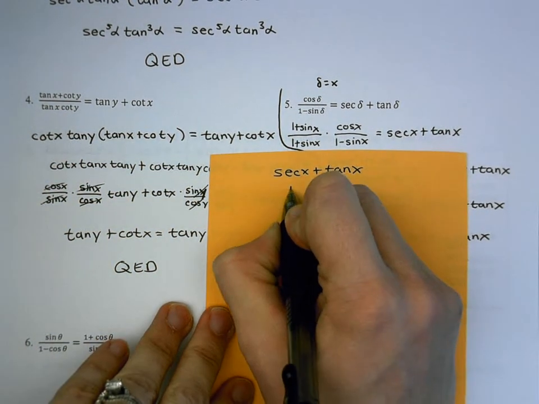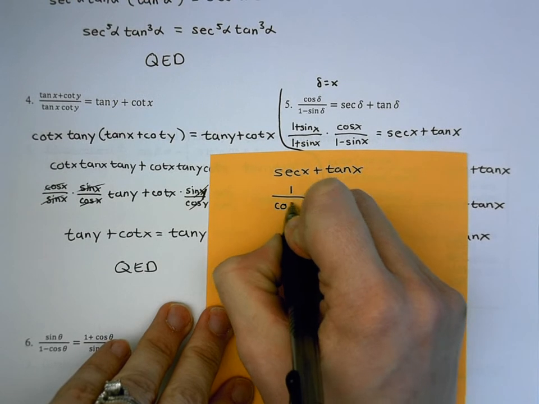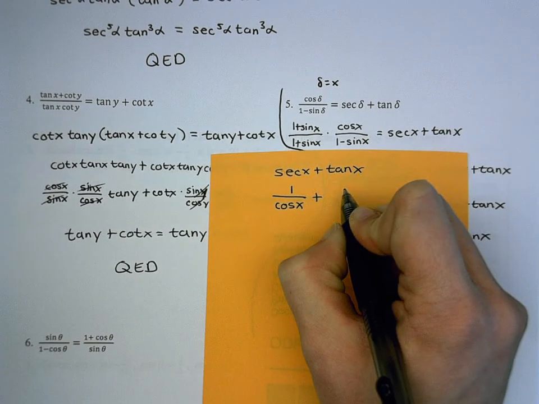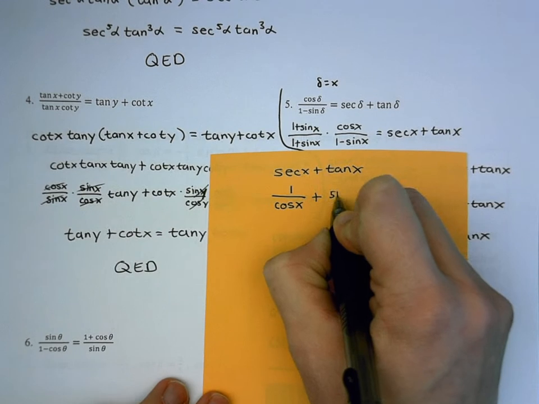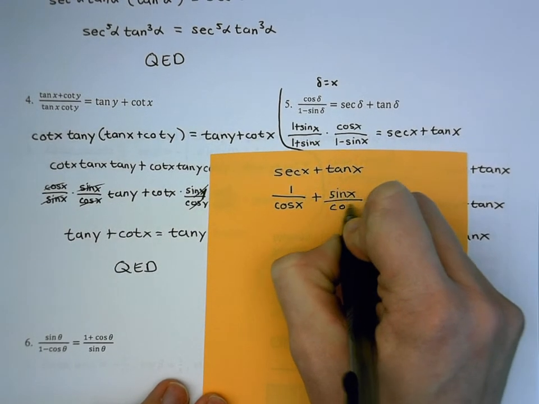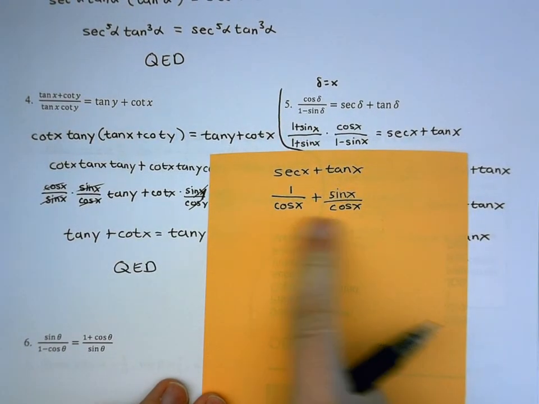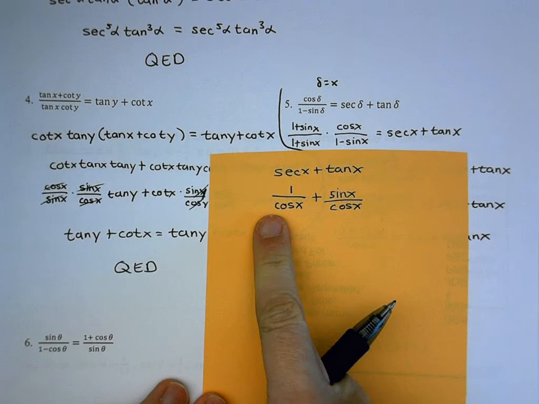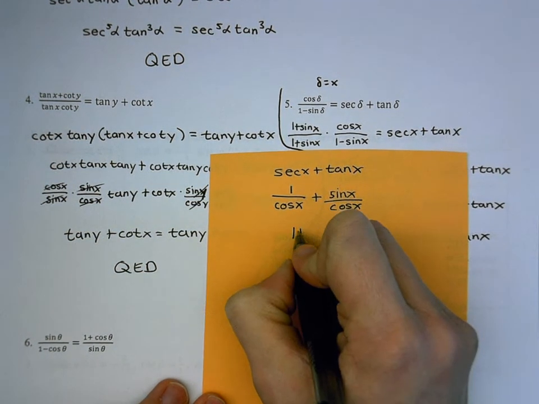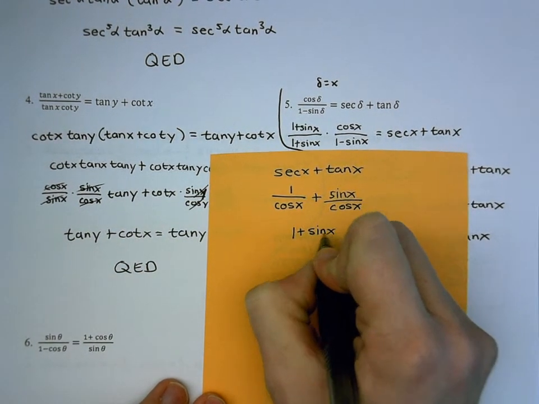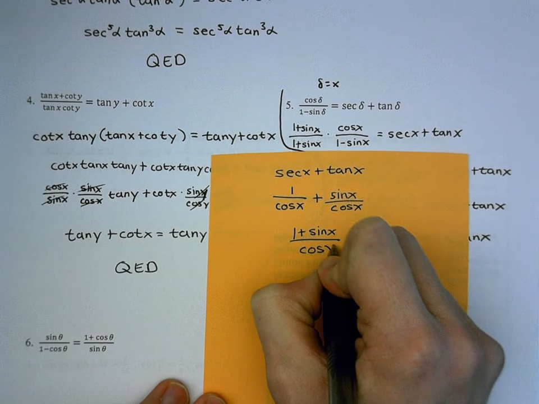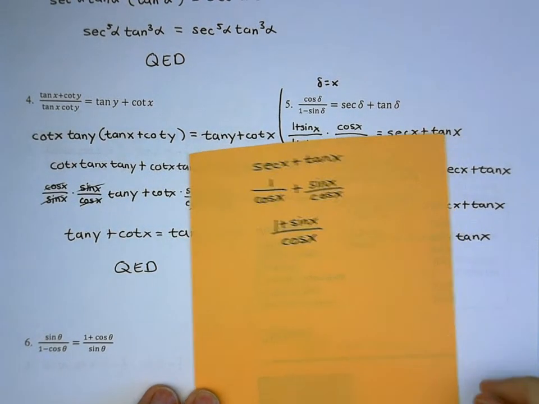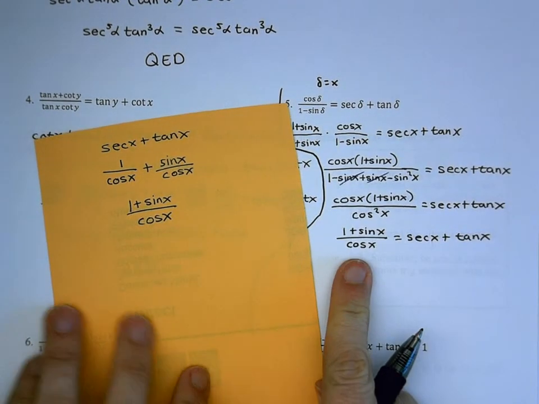Secant x is 1 over cosine x. Tangent x is sine x over cosine x. And what do you know? We've now got a common denominator, which means I could combine them. And that matches what I have here.